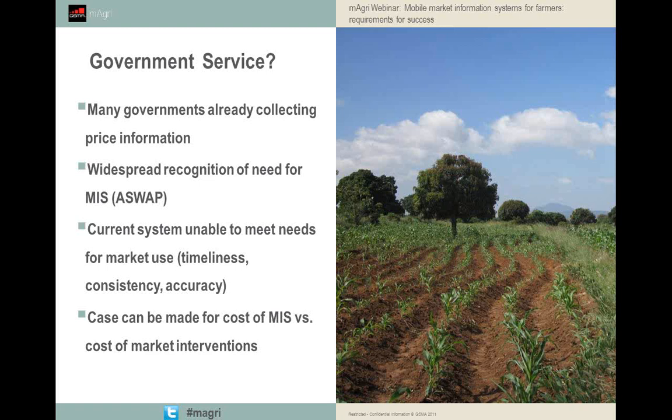If the government were to provide a useful MIS, rather than intervening in the market to set prices, that would in the end be a much more economical activity.